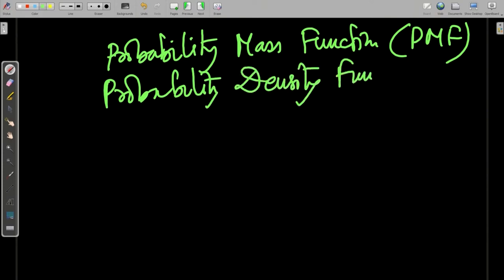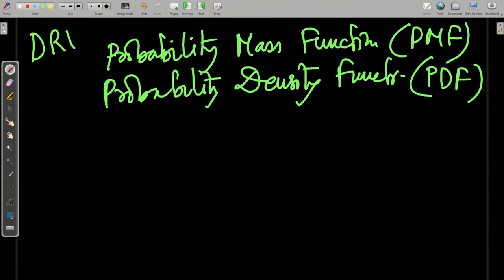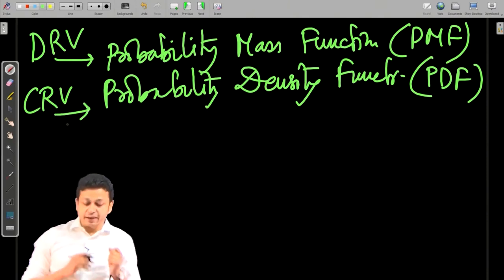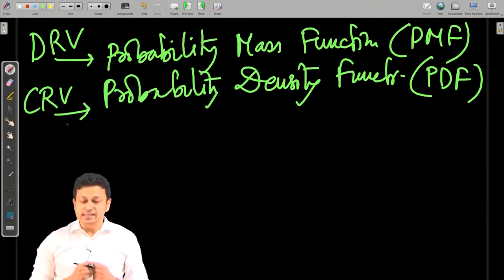PMF is a term that we use for discrete random variable, and for probability density function we use continuous random variable. Okay. So, we are just going to explain what is the probability mass function and probability density function.